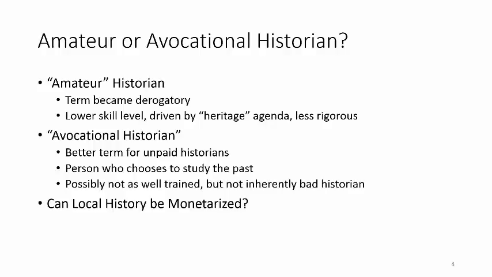It's also come to be a code for genealogist or heritage advocate, people who are often considered by professional, even public historians, to be not particularly rigorous in their application of historical method. A better term for these people who do not get paid for doing the history that they love to do is avocational historian.